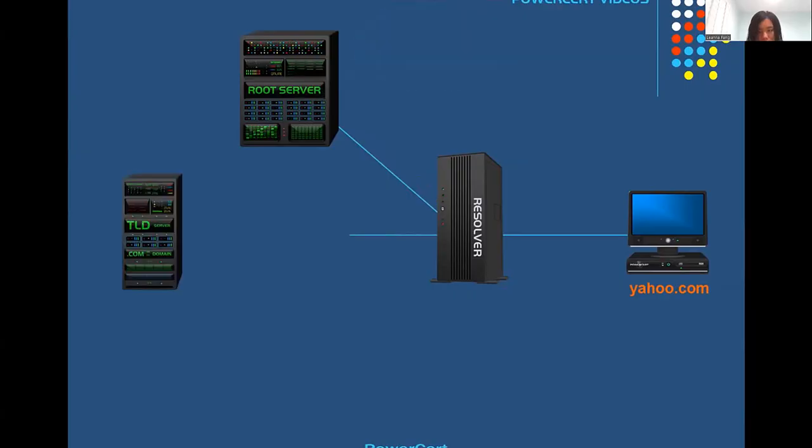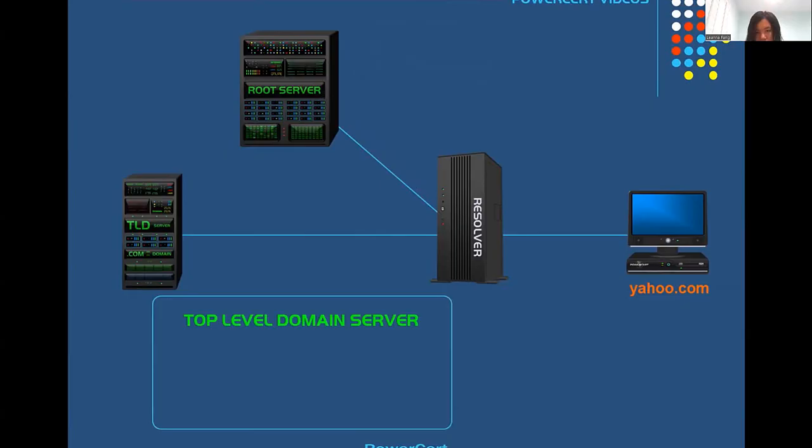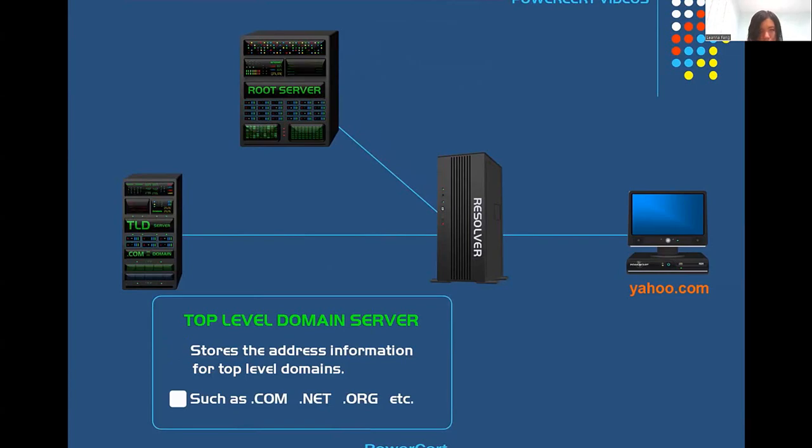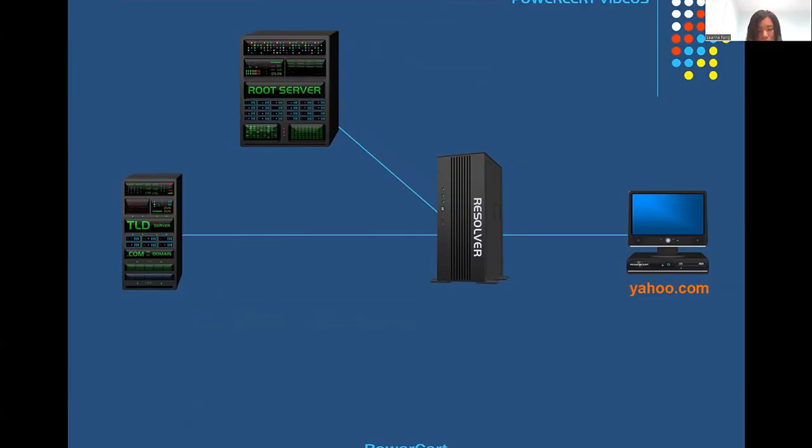The resolver will now ask the TLD server for the IP address for yahoo.com. The top-level domain server stores the address information for top-level domains, such as .com, .net, .org, and so on. This particular TLD server manages the .com domain, which yahoo.com is a part of.